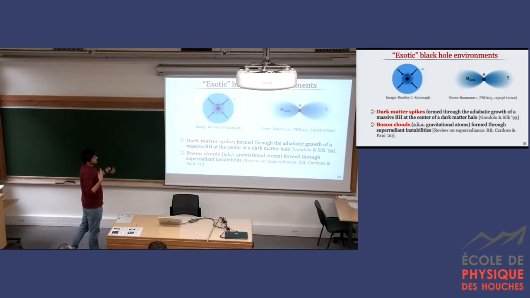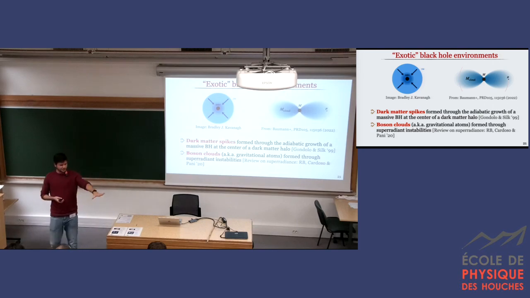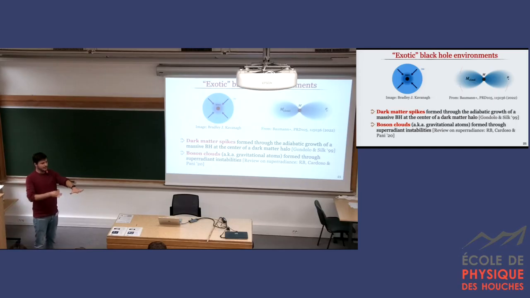But at least in some cases, you can form what I call dark matter spikes around supermassive black holes, and that will happen naturally if you have your supermassive black hole sitting in the center of your galaxy, and as it accretes, it grows.